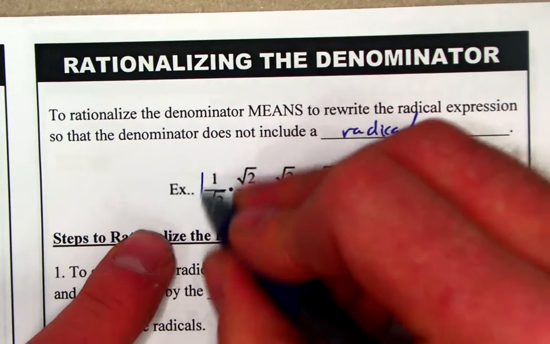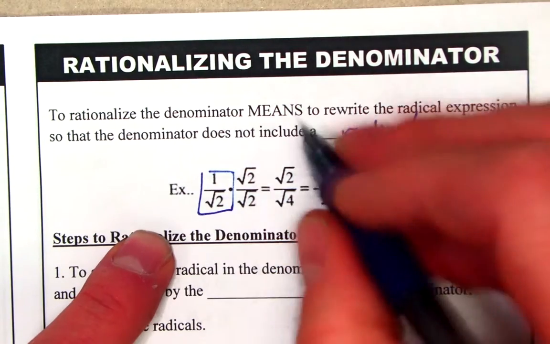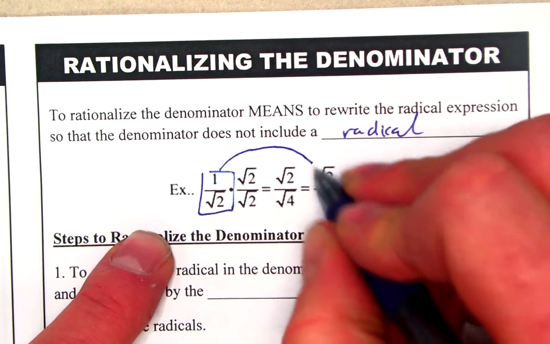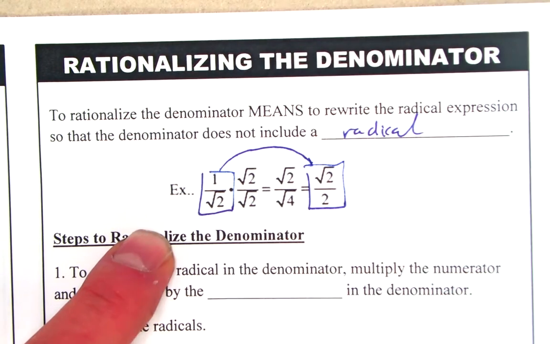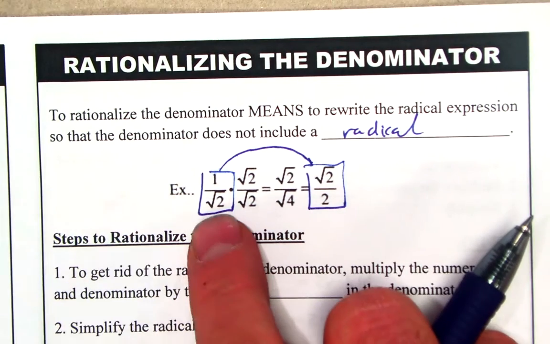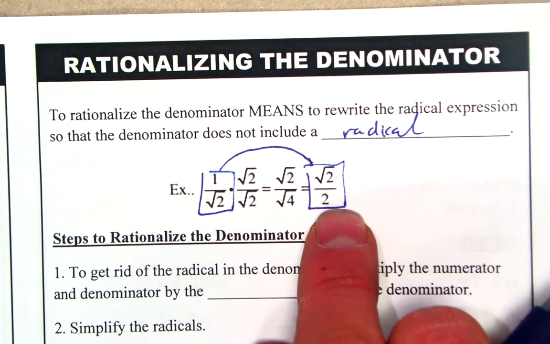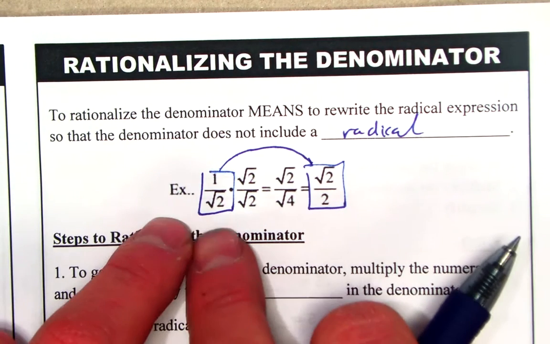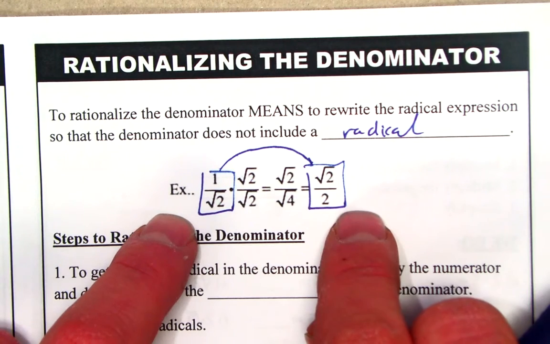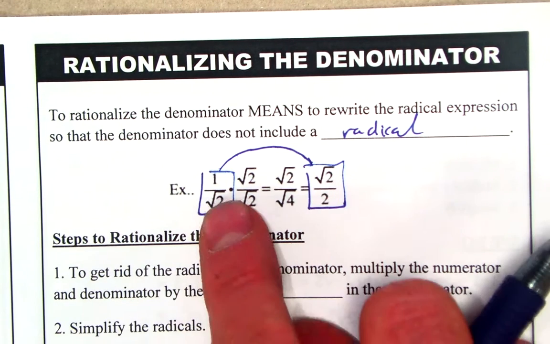So we're going to take something that looks like this and turn it into something that looks like that. Notice root 2 is on the bottom. Now positive 2 is on the bottom. Positive 2 is rational. So we're just going to make it so the radical is never in the bottom. This is simplified, that's not.